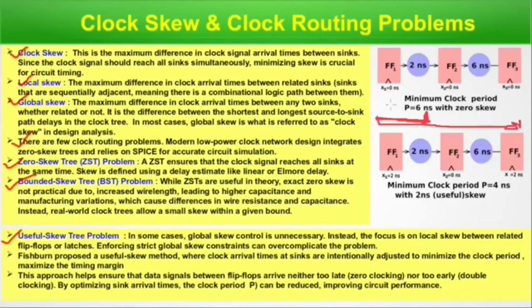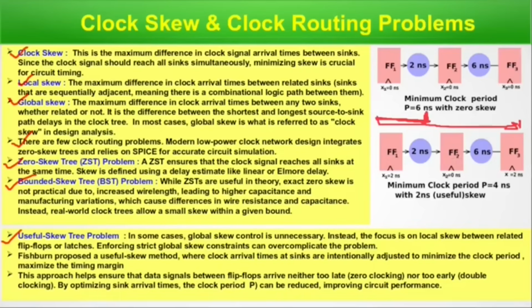There are two diagrams for the minimal clock period. At 0 nanosecond the clock starts, after 2 nanosecond it reaches here, and after 6 nanosecond it reaches FF3, the third flip-flop. So the minimum clock period T is 6 nanosecond with zero skew. Here the skew is adjusted, with a skew of 2 nanosecond.